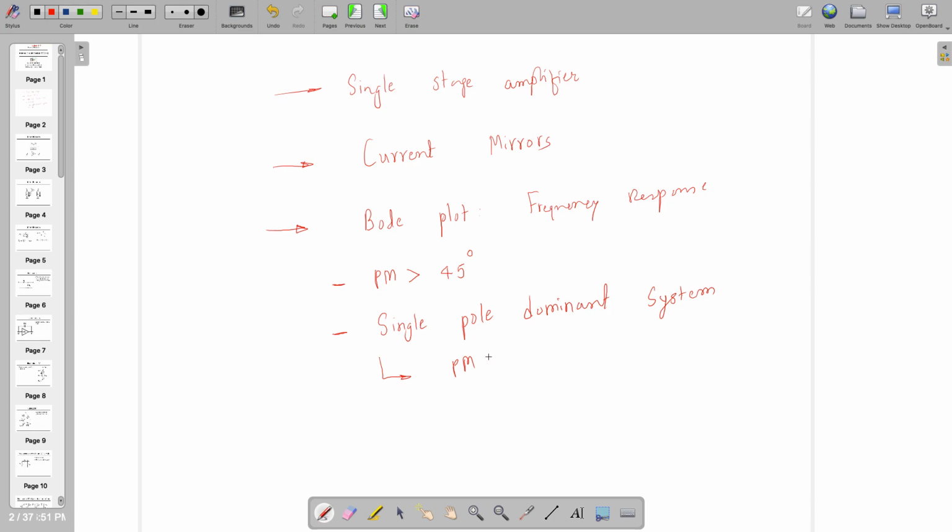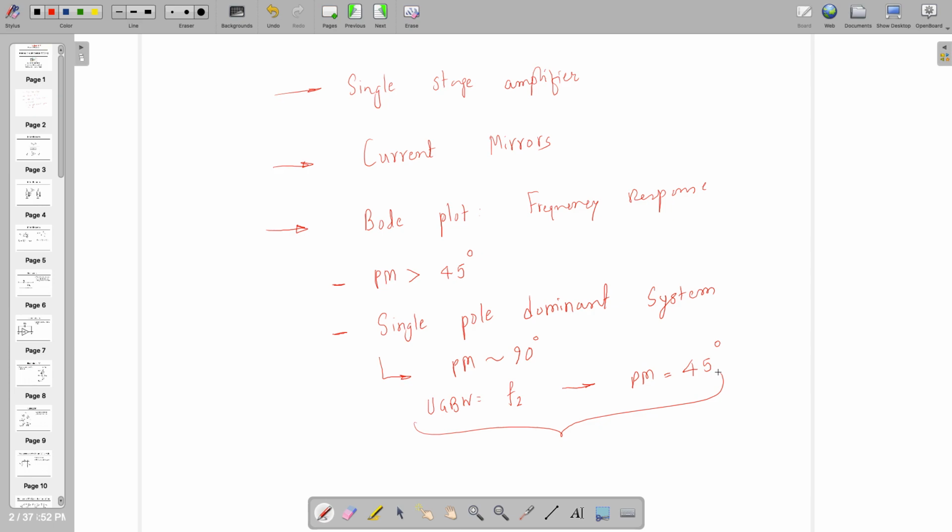Means it will be around 90 degrees. If there is only a single pole and all other poles are much higher than UGBW, but if it is the other way around, like UGBW and your second pole are in the same place, then phase margin is 45 degrees, and this is the place from where you can say that its stable region is starting, right?